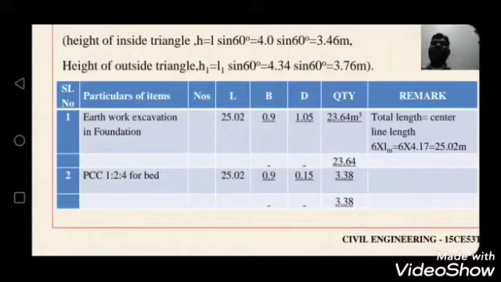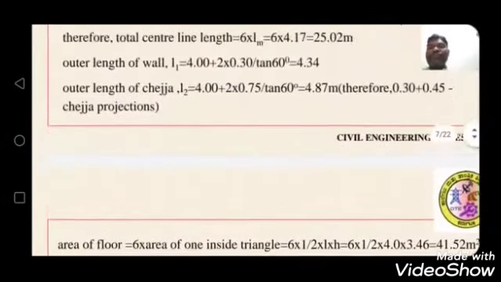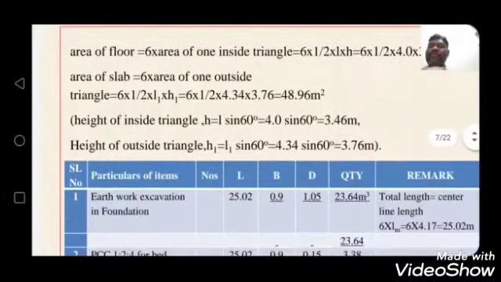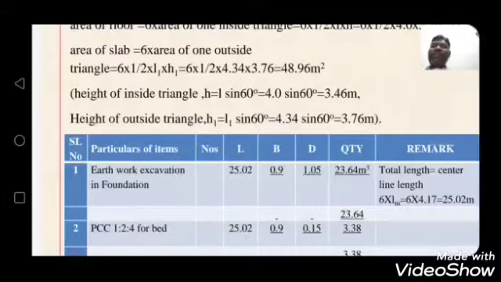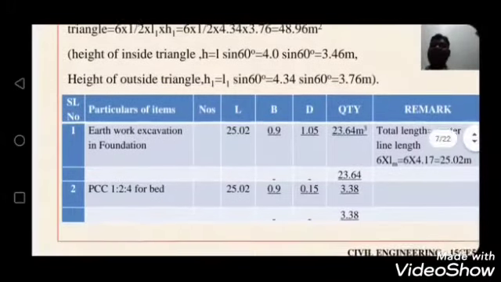Detailed estimation: serial number, particulars, numbers, length, breadth, depth, quantity and remark. Earthwork excavation in foundation: total center line length 25.02, number 1, 25.02 into 0.9 width into 1.05. Total center line length L is 6 into L mean, 6 into 4.17, 25.02 meter.